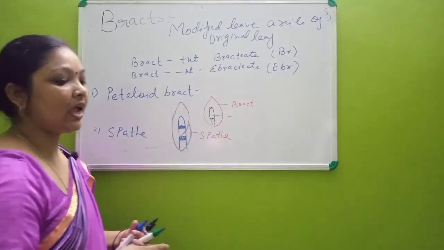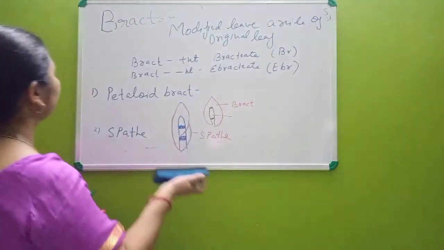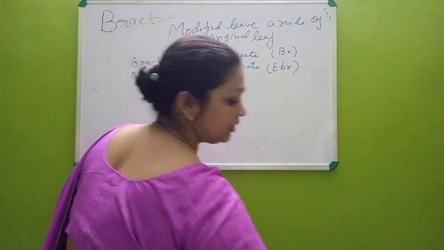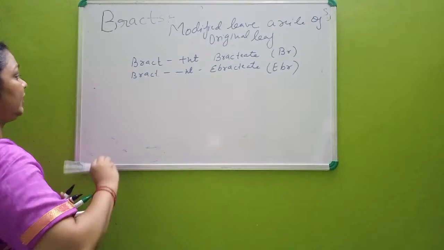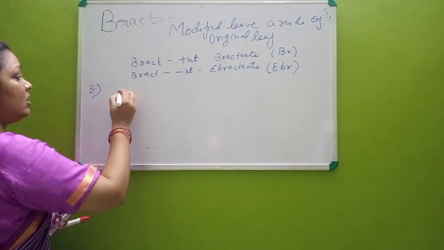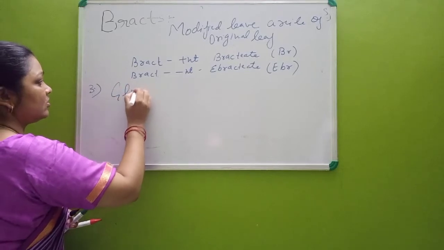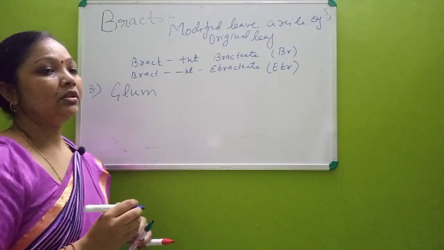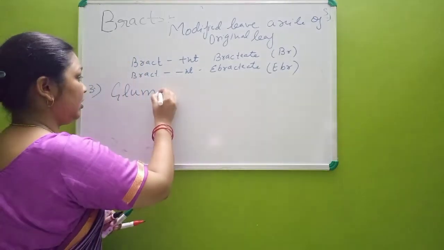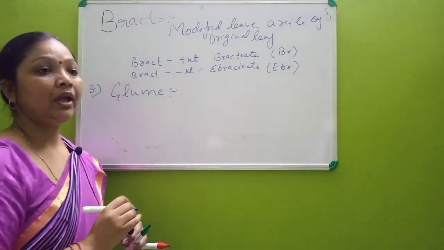Now the third type of modification of bract is the glume.